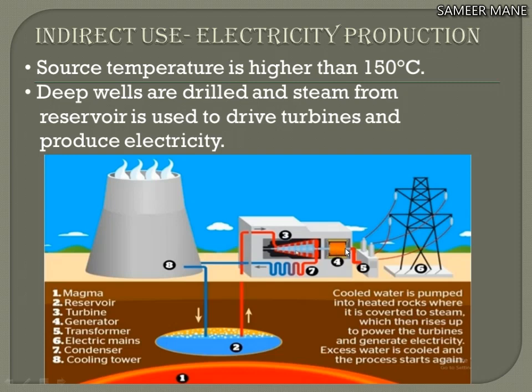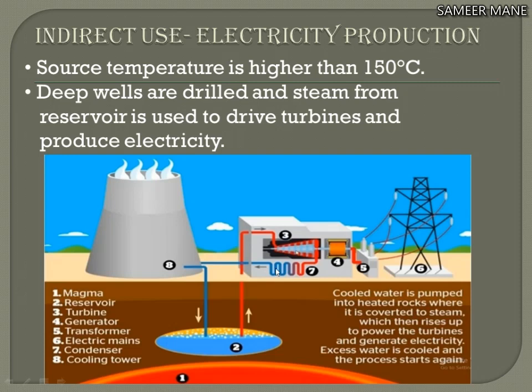Then the rotation of the turbine generates power, and this power is transferred to the transformer. From the transformer, the power is sent towards the main line for further application. Then the hot steam is sent towards the condenser for condensation.